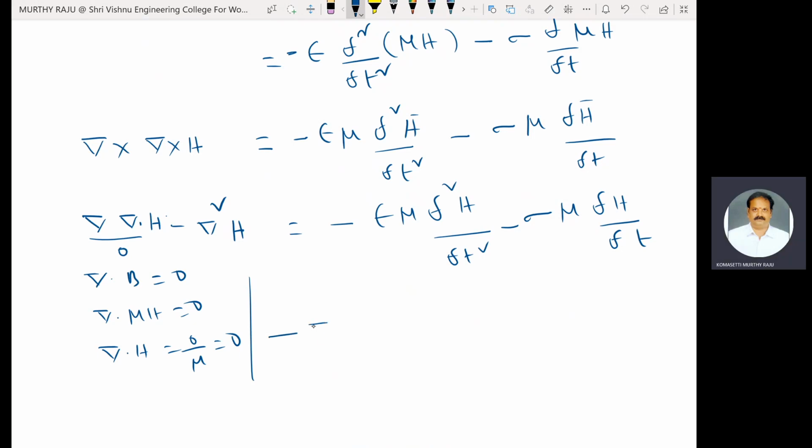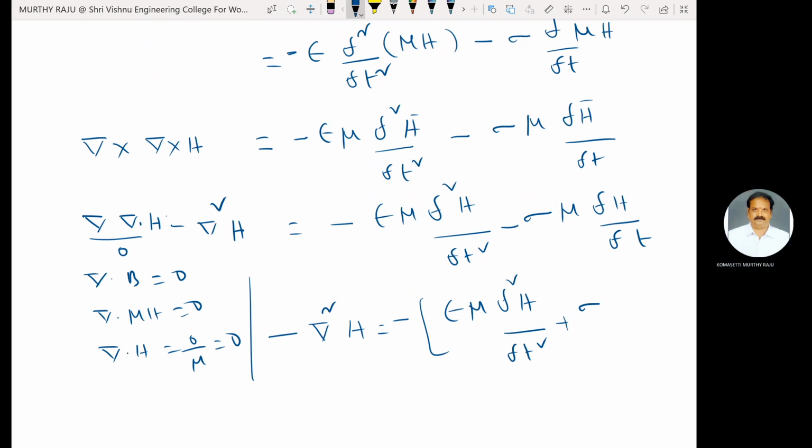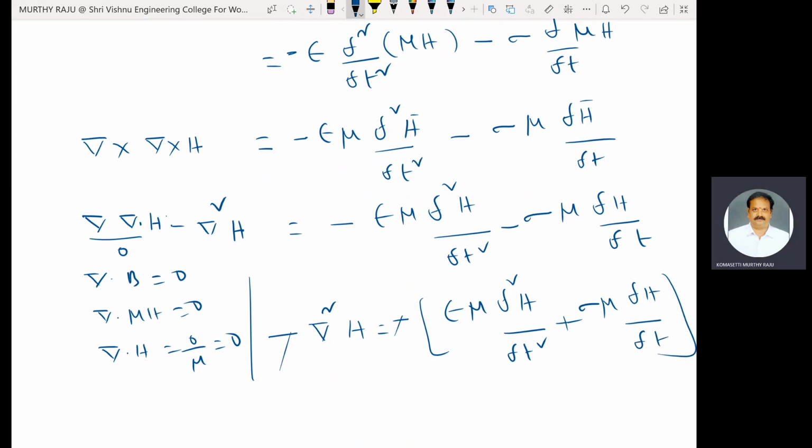Therefore, minus del square H is equal to minus of epsilon mu dou square H by dou T square plus sigma mu dou H by dou T. Minus minus cancel.